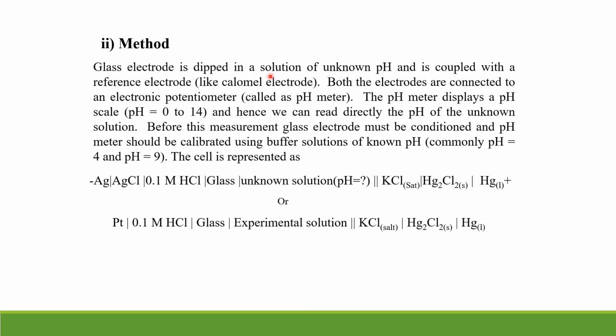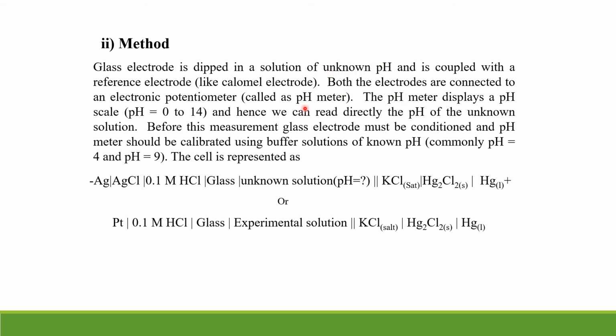The glass electrode is dipped in a solution of unknown pH and it has to be coupled with a reference electrode like the calomel electrode. Here we are going to combine two half cells. One is the reference electrode, the calomel electrode, and the other is the glass electrode, which is dipped in the solution of which you have to find out the pH.